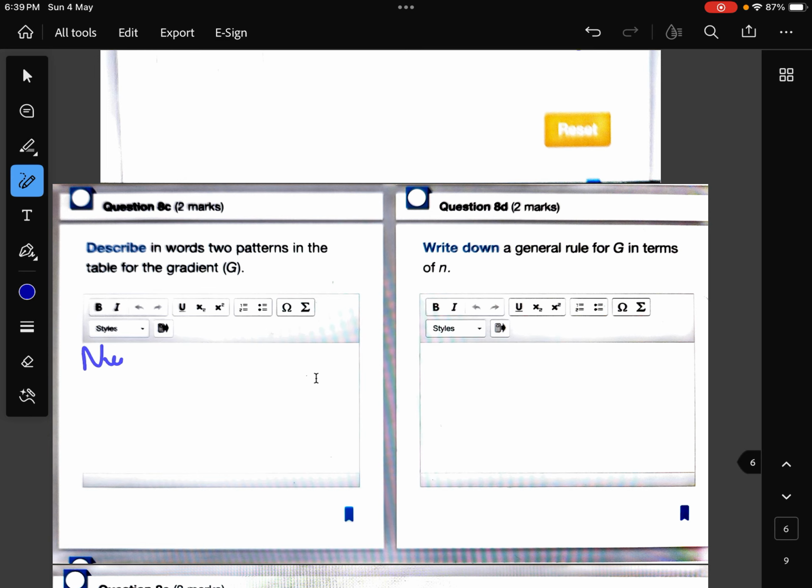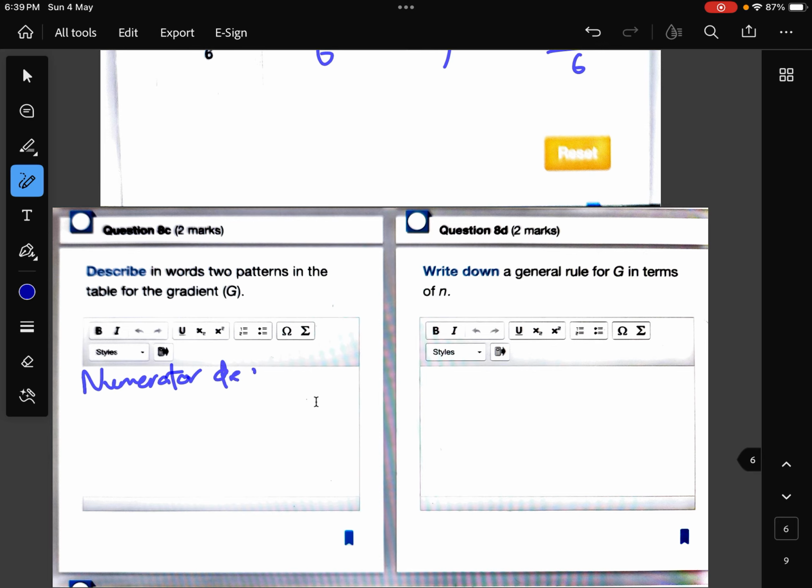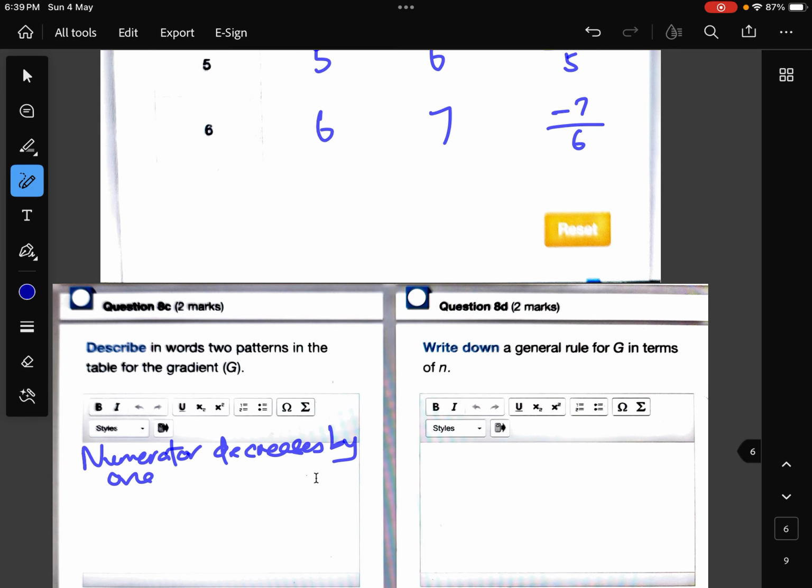So you could say the numerator decreases by 1 when the stage number increases by 1.